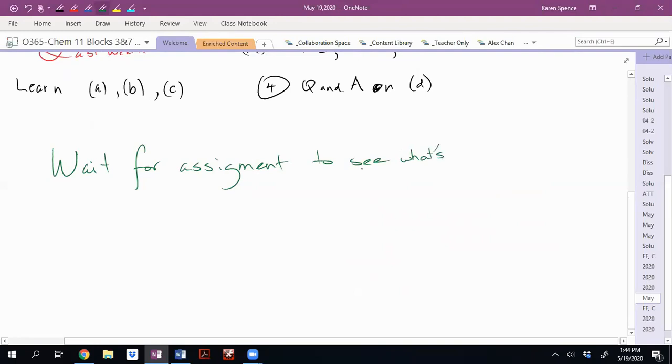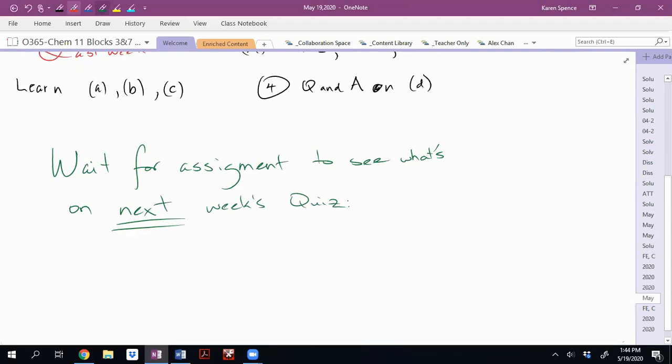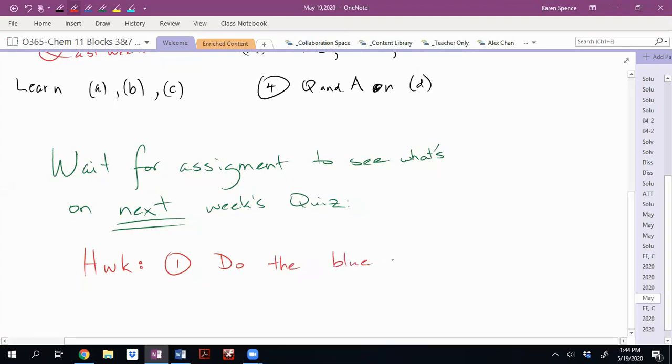What's on next week's quiz? Remember, that's next week, not this week. To prepare for that quiz, your homework is going to be, number one, to do the blue questions, the rest of the formula equations and complete ionic equations.